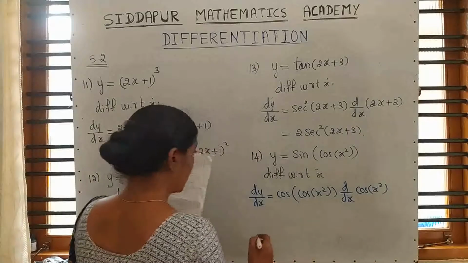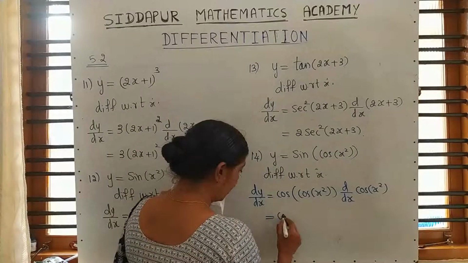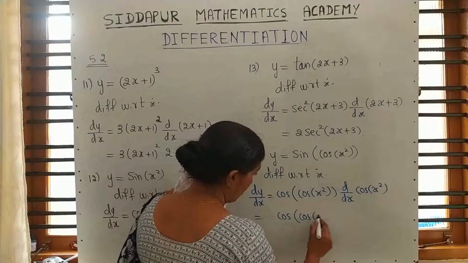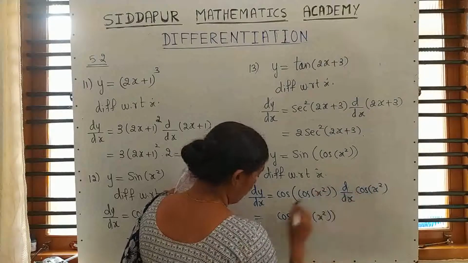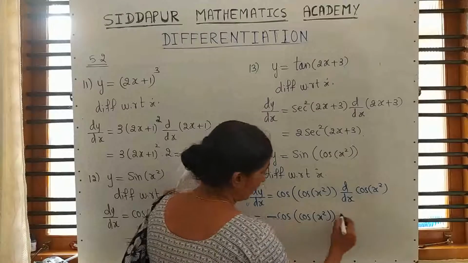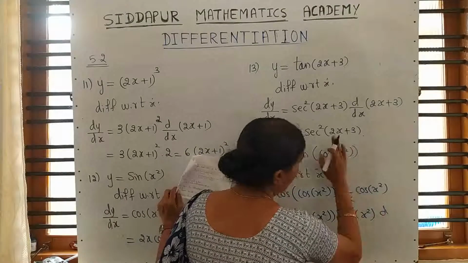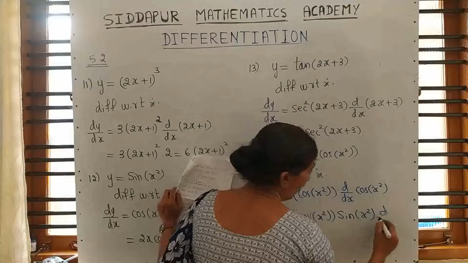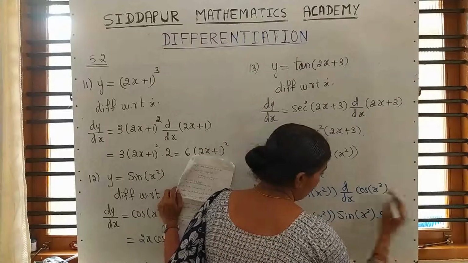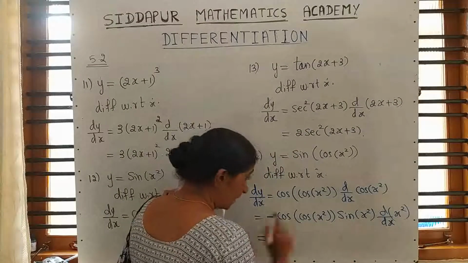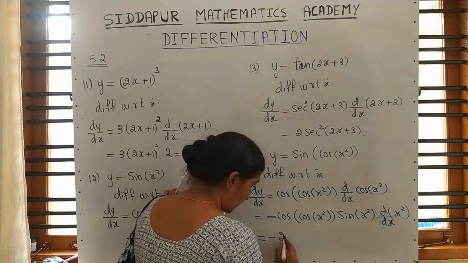Cos x square is remaining. Differentiation of cos is minus. That's why I wrote minus first only. Sin x square. Now close that sin and cos both. What is remaining? X square is remaining. And what is the differentiation of x square? Differentiation of x square will be 2x. I wrote here only.